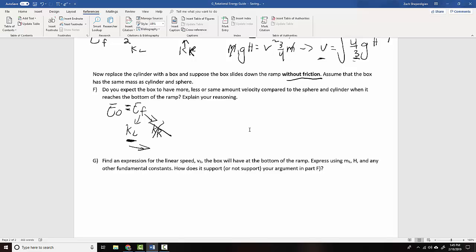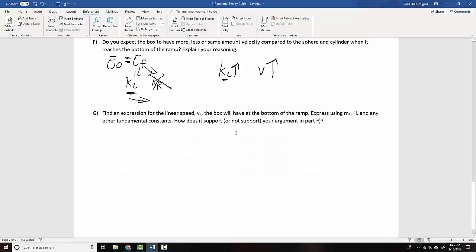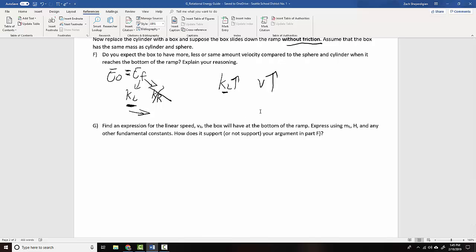If that's the case, then you have no energy lost to rotating, so the box should have not only more linear kinetic energy, but also more velocity. And that's where g comes into play. How does this relate mathematically?